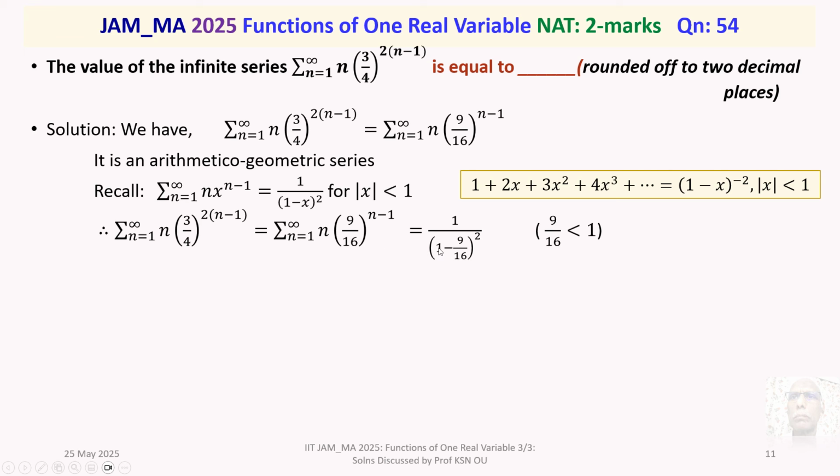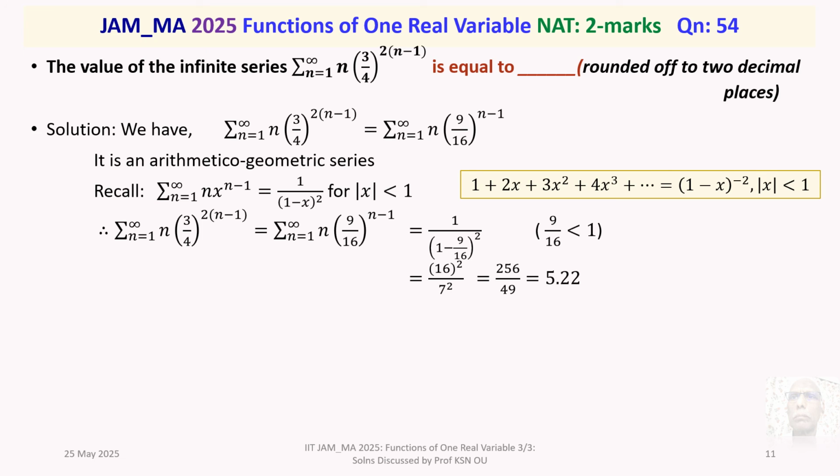Right. And take the LCM. This is 16 minus 9 by 16, that is 7 by 16, and whole square. That will be 16 square by 7 square, that is 256 by 49. On division, we'll get 5.22. Right.